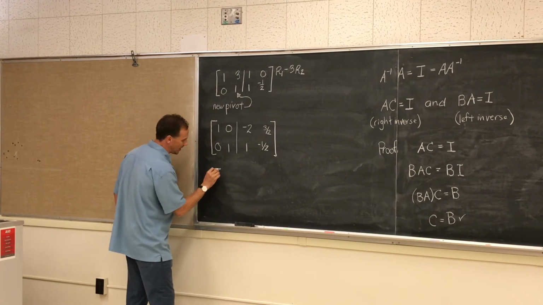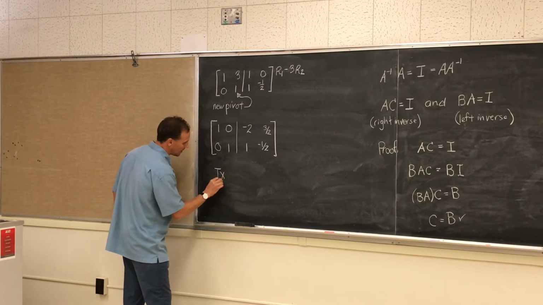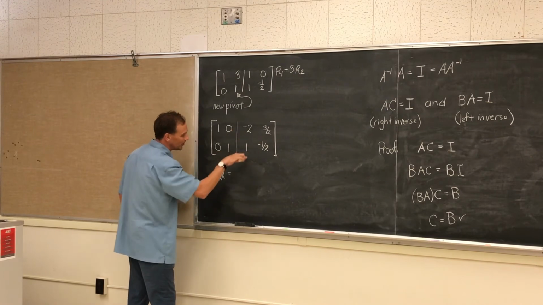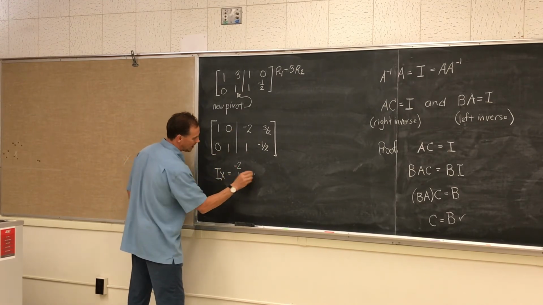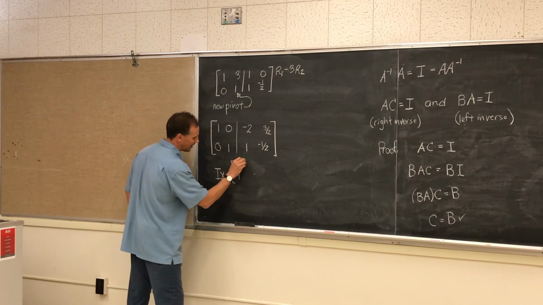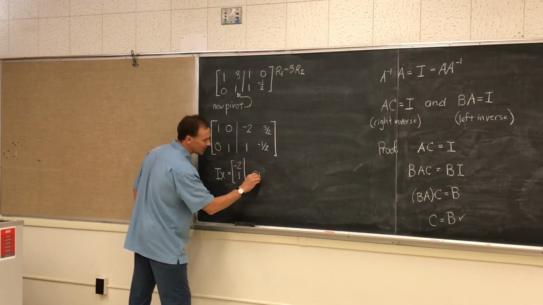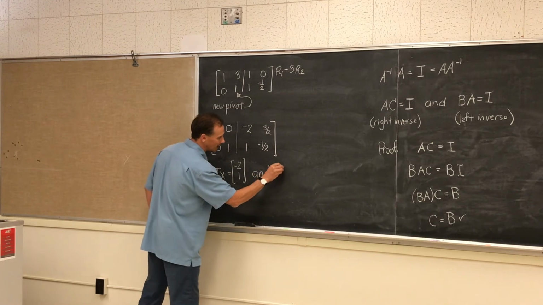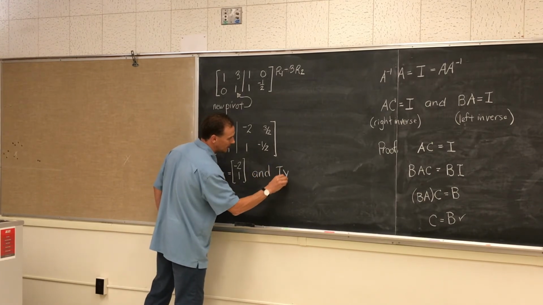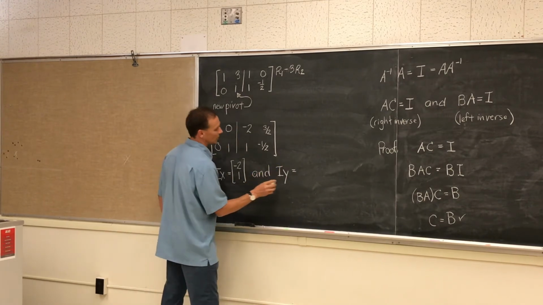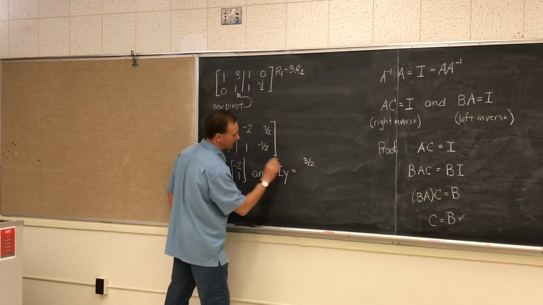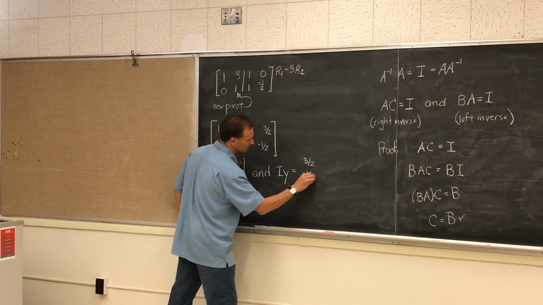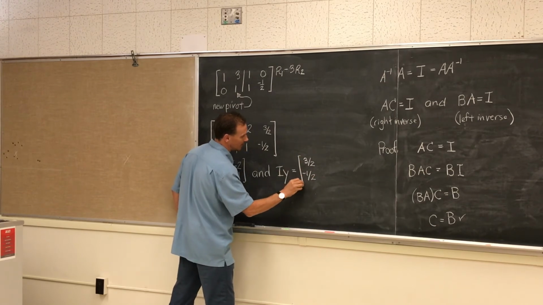I now have Ix equals this vector minus 2, 1. And what else do I have? Because I solved both of these at the same time. I have Iy is equal to 3 halves, minus 1 half. Oh my, there it is.